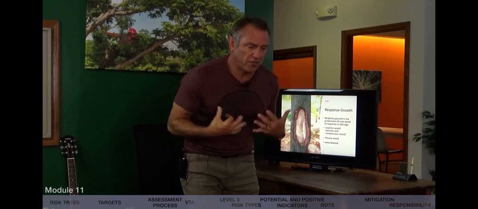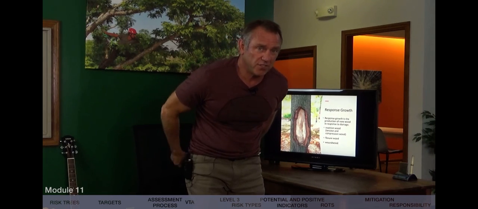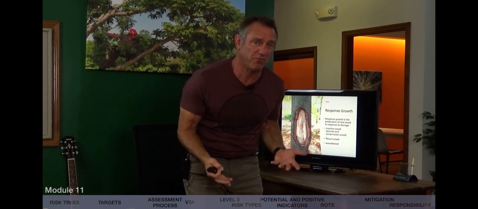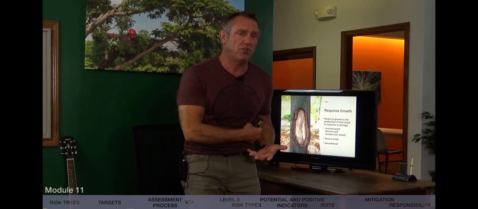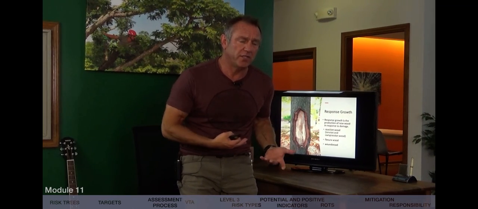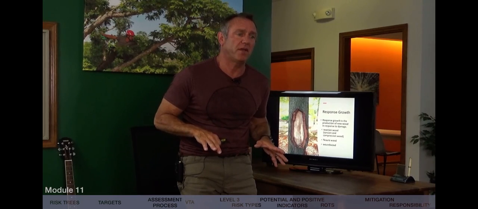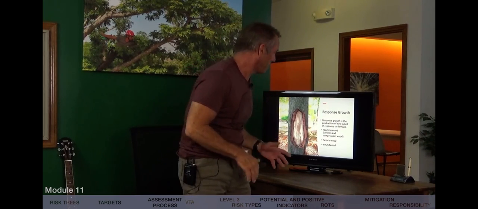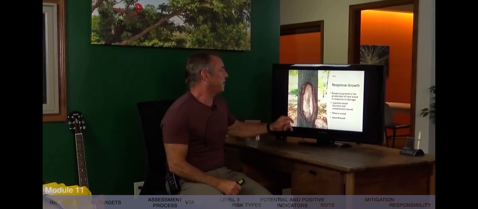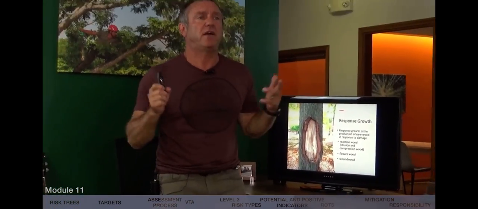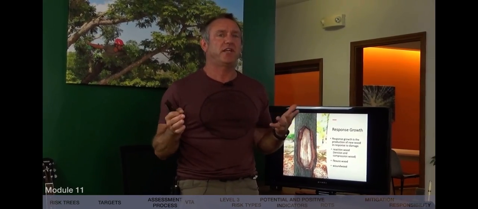If there's an increase of wood fiber on the tension side of a leaning tree, that's a good thing, because that means it's compensating for that lean. And we'd also look for any buckling or issues in the compression wood, like cracking, to see if there's some type of potential failure there. Now, as far as flexure wood, that's sort of the difference between a tree standing still and a tree moving.